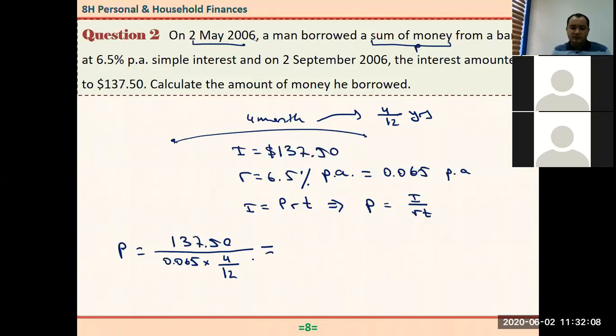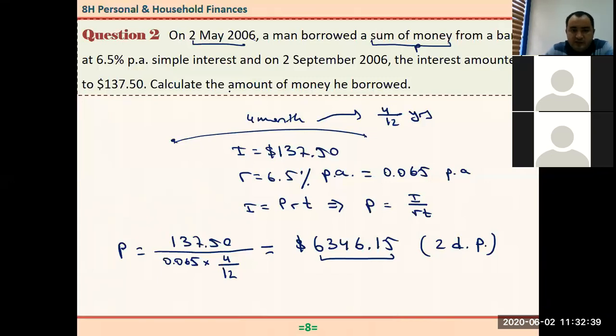When we evaluate this, that's equal to 12 times 137.50 divided by 0.065 times 4, which is equal to 6346.15, corrected to 2 decimal places. All right, so the calculated amount of money he borrowed on this date is this much.